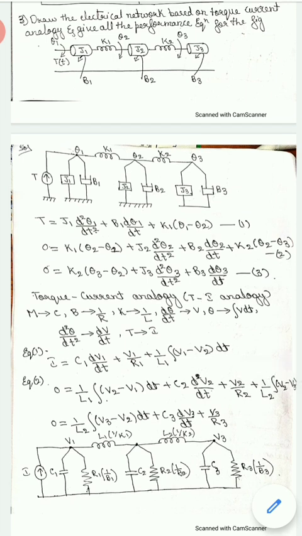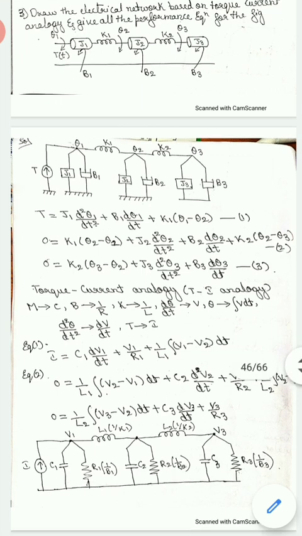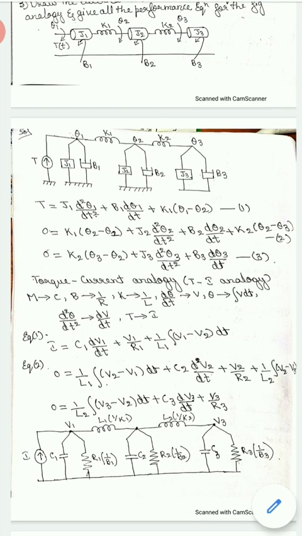For equation 3, 0 is equal to 1 by L2 integration of open bracket V3 minus V2 close bracket dt plus C3 dV3 divided by dt plus V3 divided by R3. That is how we have converted the three equations to the current analogy. Now draw the electrical network.